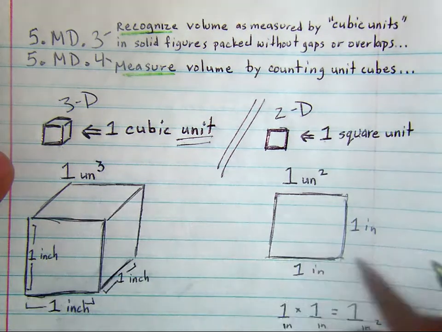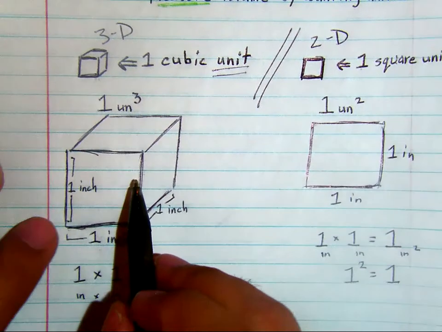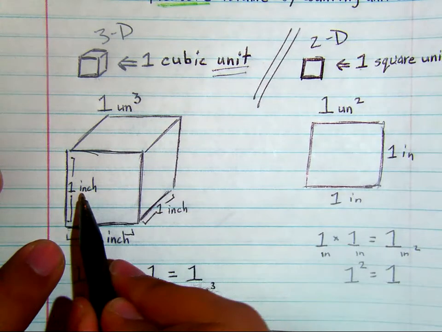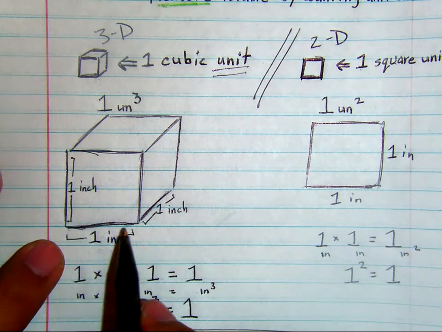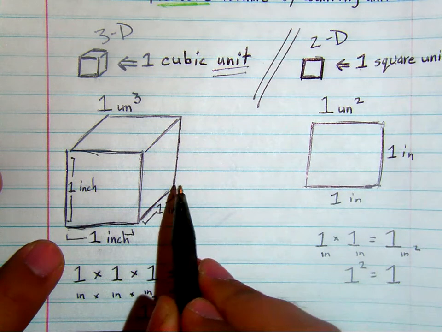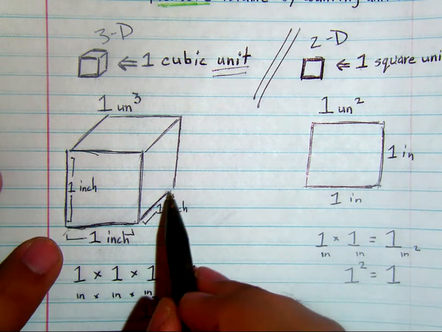So now if I really zoom into that one cubic unit and I apply a unit of measurement, now we notice that this isn't just one cubic unit. This is actually 1 cubic inch.